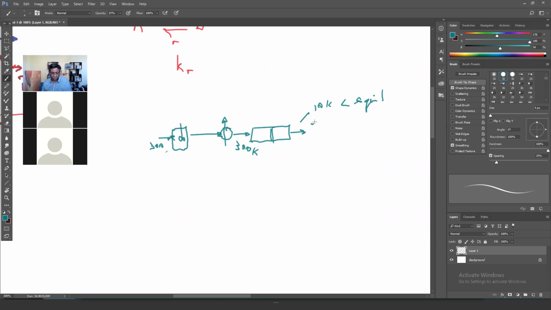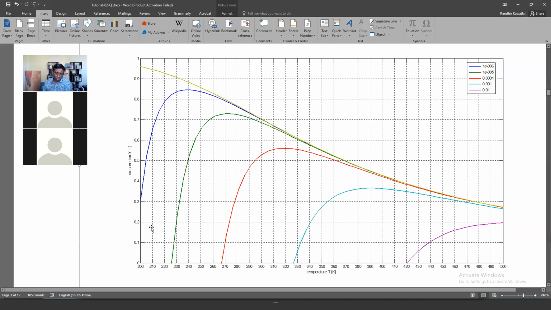But we know the problem with doing that is that as you go up in conversion, you are getting closer and closer to that equilibrium line. You are getting to the low rate region. And I guess we've said it many times now on this course, but as you accept higher conversions, your concentration of reactant is going down, and that's why your reaction rate is going down.